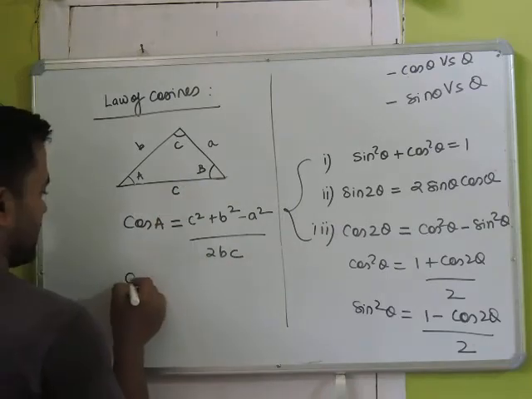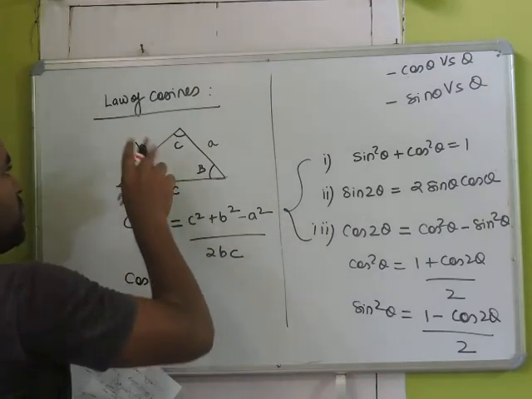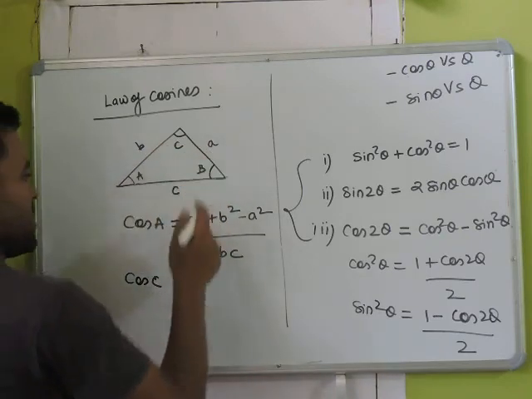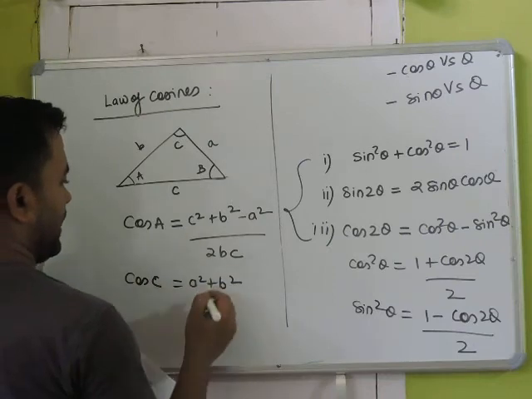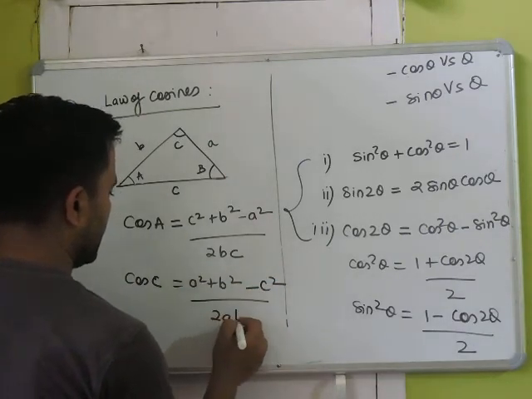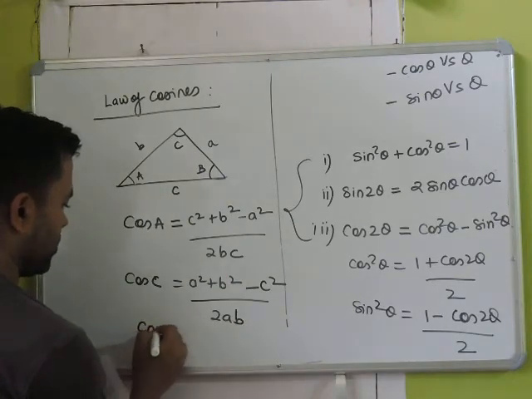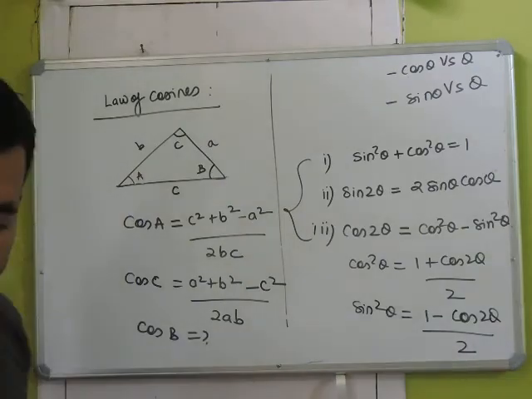In the same way I can guess cos C. So cos C is going to be, see the opposite side, a square plus b square minus c square by 2ab. I will leave it up to you to write what cos B will be.